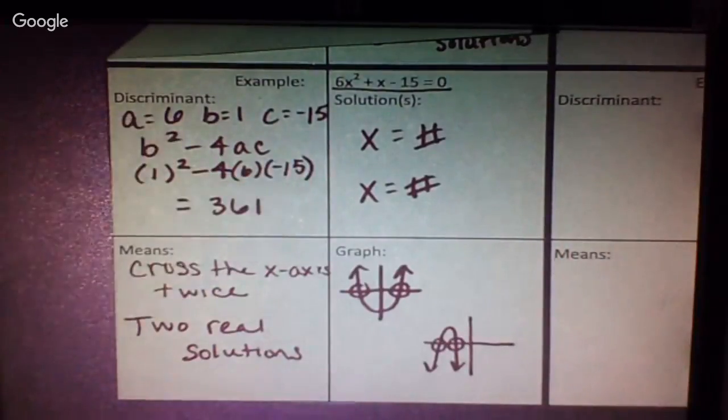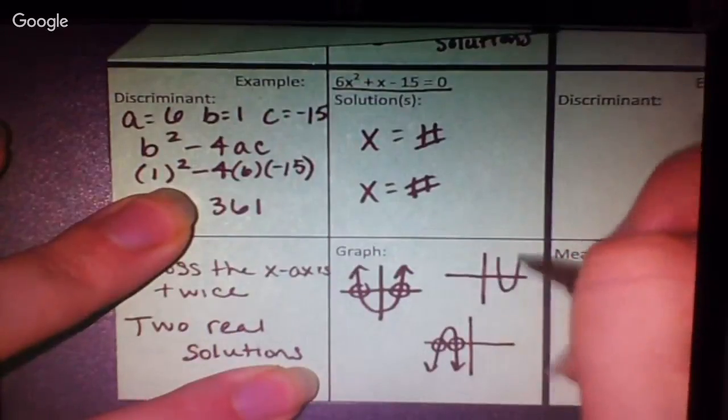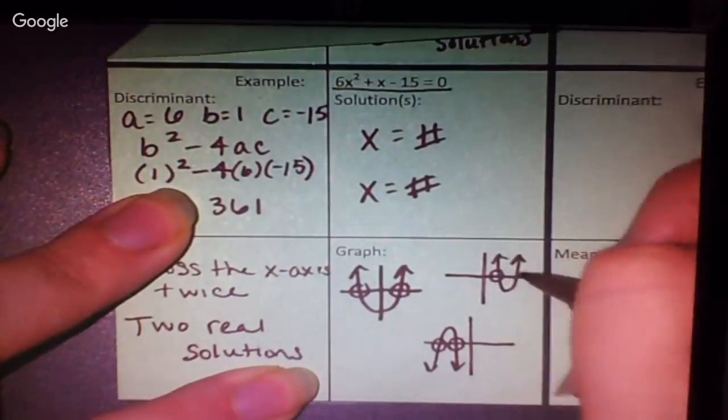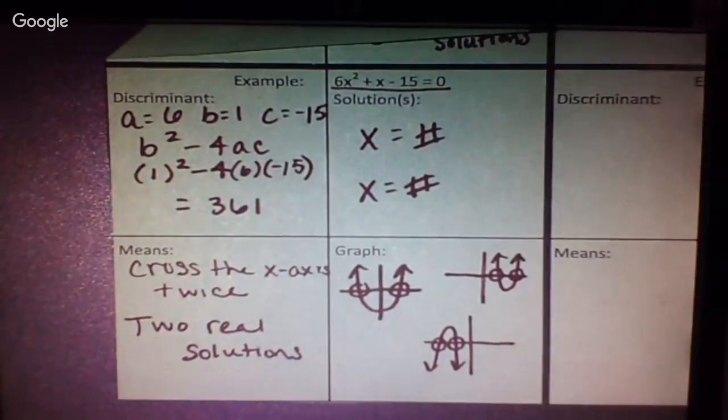As long as it crosses the x-axis twice, it could be 2 negatives. So I can also have one that's completely on the right-hand side. No matter where it's at, on the negative side of the x or the positive side of the x, it just needs to cross it twice.